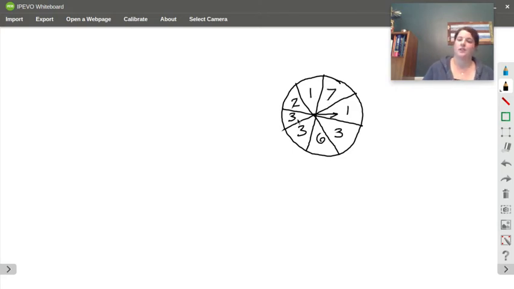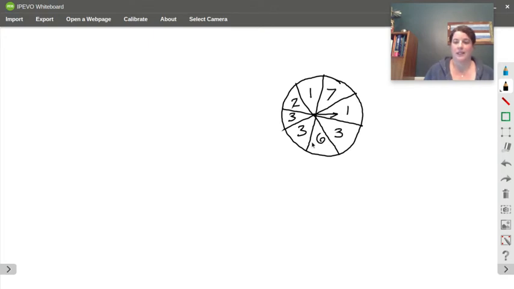Okay, so here's our spinner. We have 8 different options, and some numbers are repeated, some numbers just show up one time. So assuming that this is a fair spinner and it's a perfect circle and that every little wedge on there is the same, what's the probability that I could spin this spinner and spin a 6?